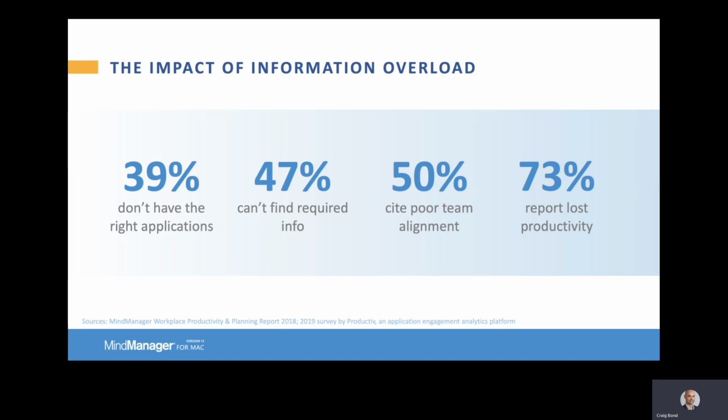And these numbers are significant, and organizations should sit up and take notice because information overload or information mismanagement, or whatever you want to call it, has a true cost on the bottom line. I mean, if 47% of your workers can't find the info they need to do their jobs, that's money directly lost in terms of lost productivity.